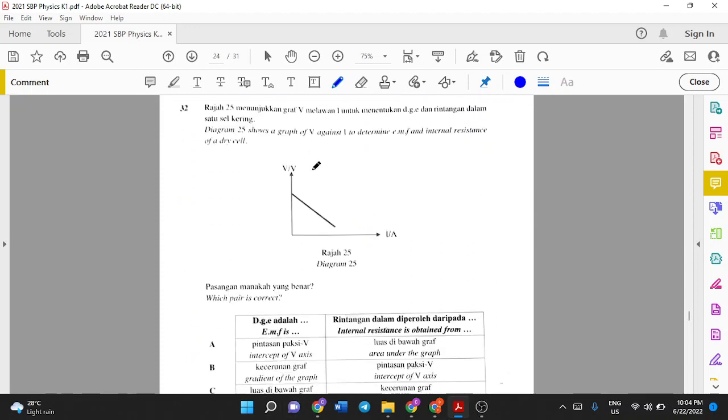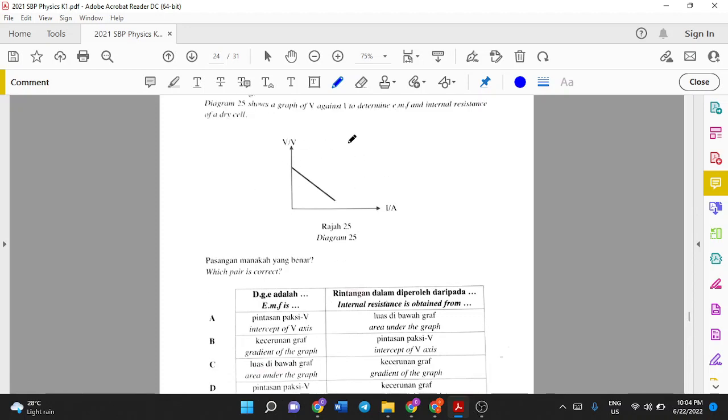Okay, question 32. The diagram shows a graph of V against I to determine the EMF and internal resistance of a dry cell. So likewise, we just use the equation electromotive force equals V plus Ir. You can observe here the y-axis is your voltage and your x-axis is your ampere.